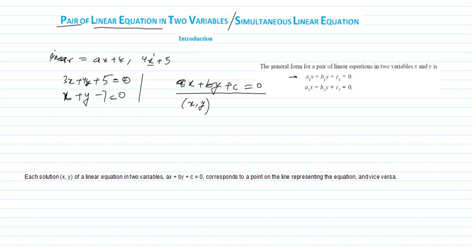Each such solution or point x, y lies on the line, and the line will contain an infinite number of such points. All the points on the line will satisfy the given line. Suppose x, y is a point on the line; if you substitute this point in the equation of the line, it will satisfy it, so ax plus by plus c becomes 0. We'll solve this type of question as well. Okay, let's move on.